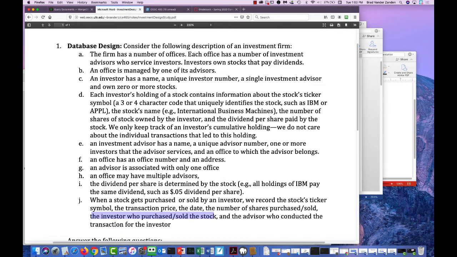It should also be telling you that this is looking like a tertiary relationship. Why tertiary? Well, there's three entities here. A stock is purchased by an investor, and there's an advisor who conducted the transaction. So this is looking like a tertiary or three-degree relationship because there's three entities here.